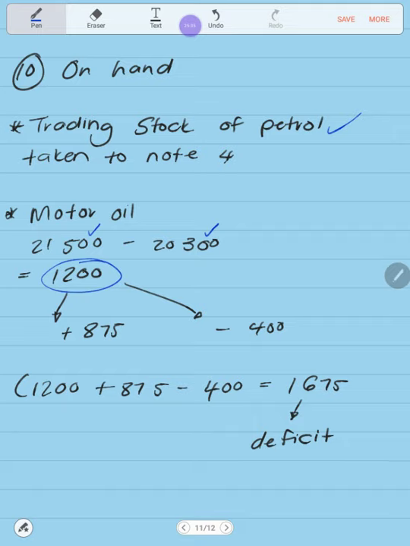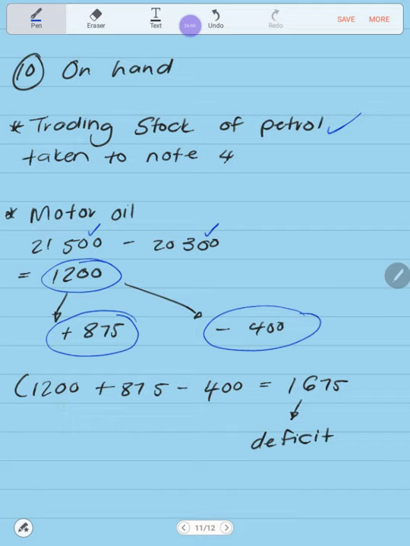But I know that in the beginning of the adjustments, they told me that this man brought goods back, and that was the cost price of it. So we added that back. And then I'm subtracting the 400 Rand because one of the employees has taken that in place of his salary.